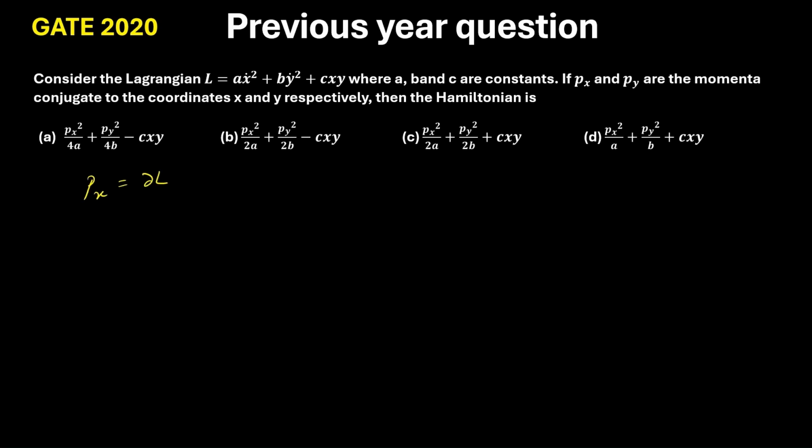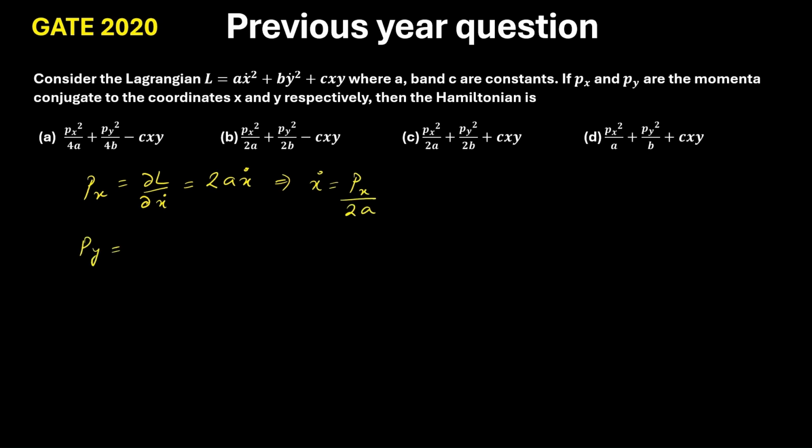This will be del L by del x dot. If I differentiate, I'll get 2a x dot. So from here you can write x dot as px by 2a.